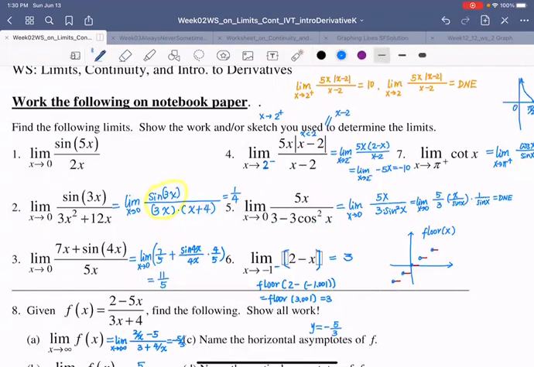Let me call a student. Emily, can you please tell me how do we work on this question? Go ahead, please. Do I multiply by 2x?